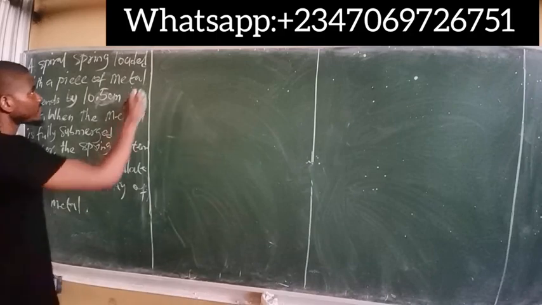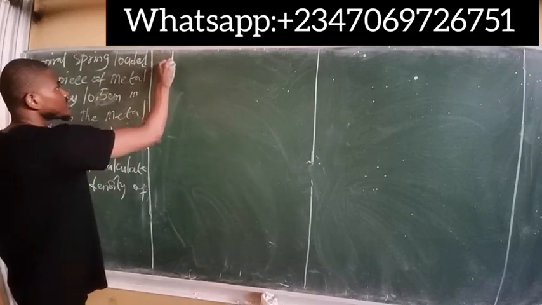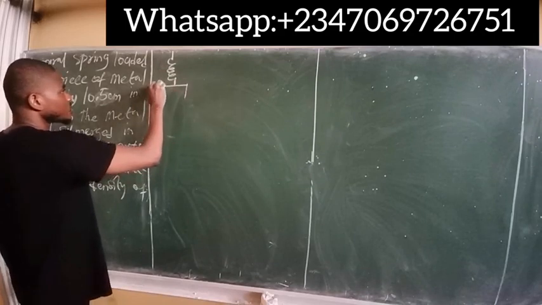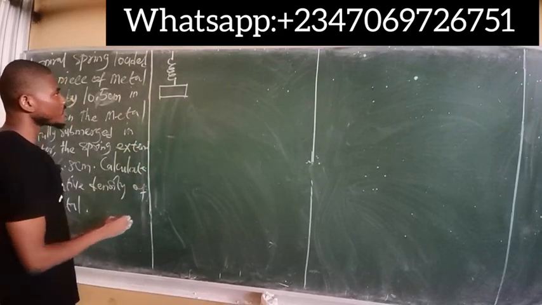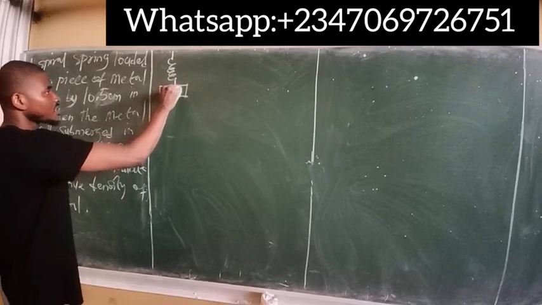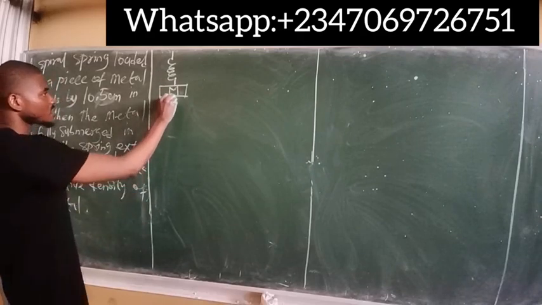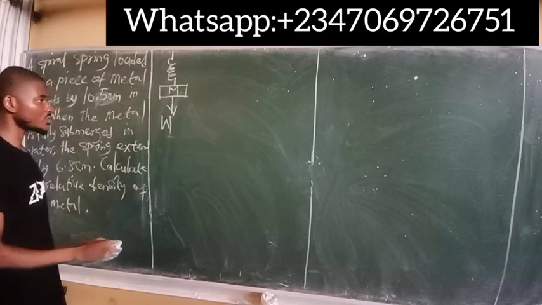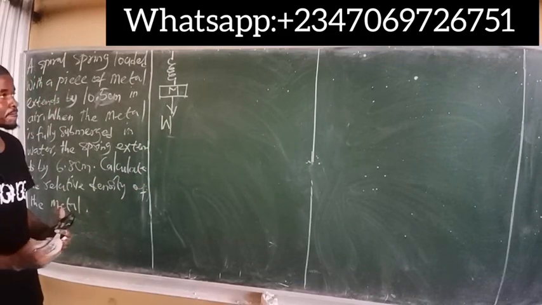Okay, so let's say we have this to be the spring. This is the spring, and then in air it is loaded with a piece of metal. Of course, this metal has a mass, and this mass will cause this metal to have a weight that acts vertically downward. So this is the weight of the object in air.